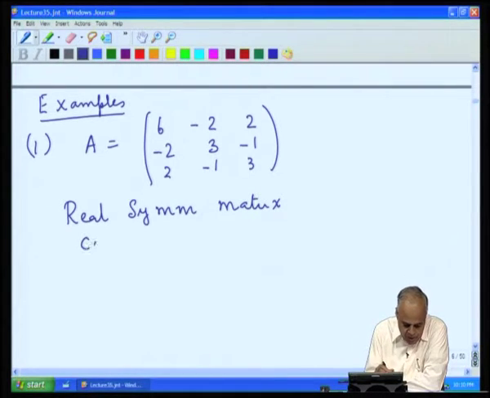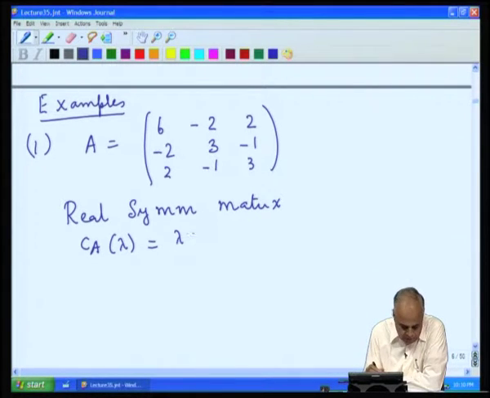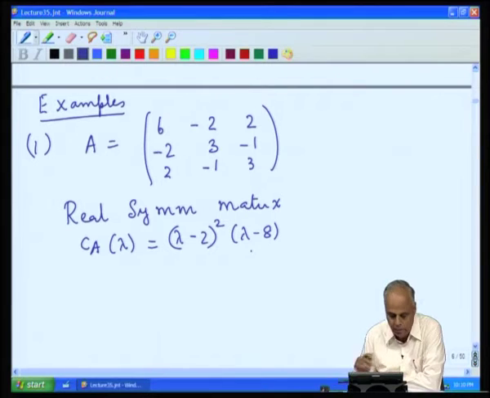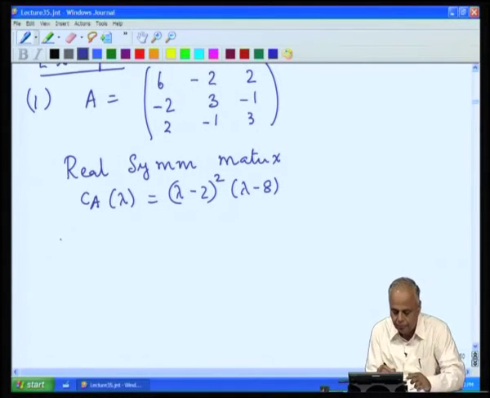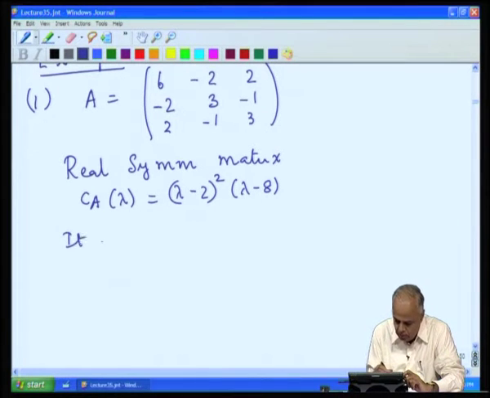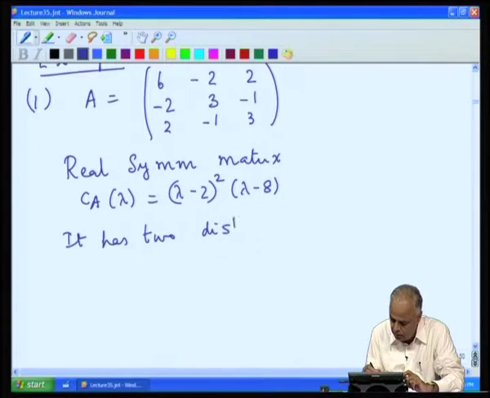And we have seen in the previous lectures that its characteristic polynomial is lambda minus 2 squared into lambda minus 8, and therefore, it has 2 distinct eigenvalues.